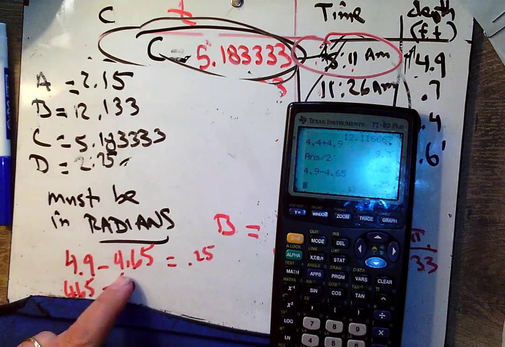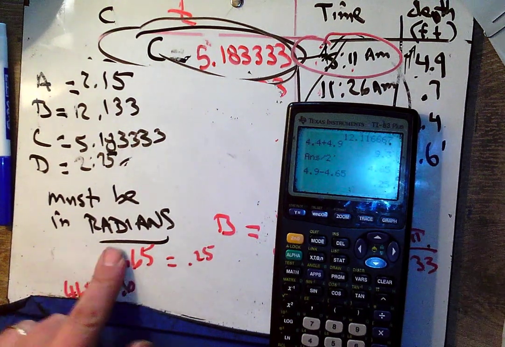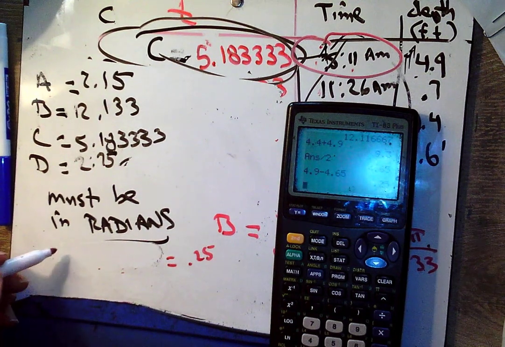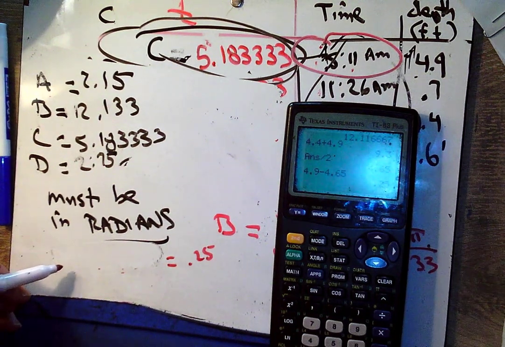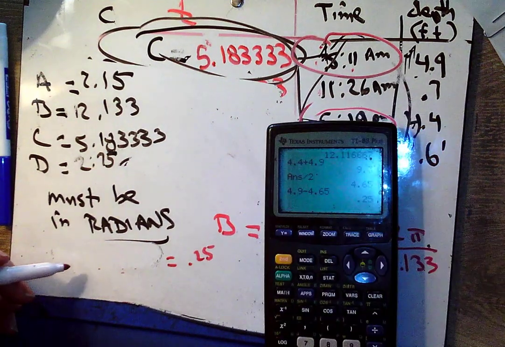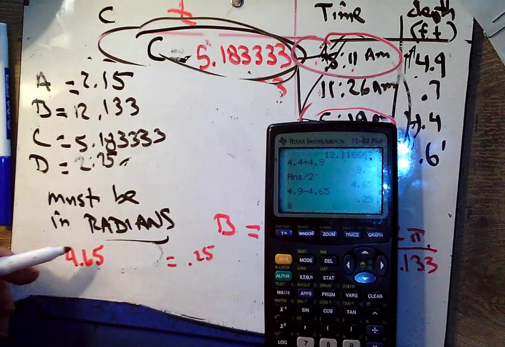That can't be that. Oh, I didn't want to subtract those. I'm taking the average. The average is 4.65. Good.